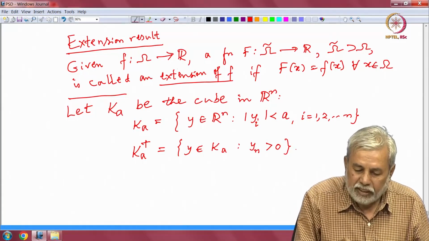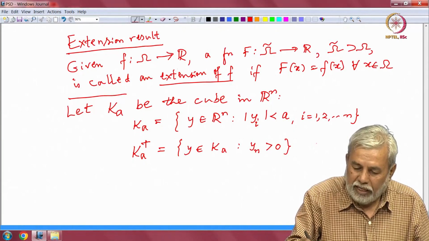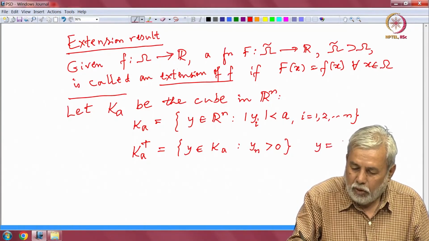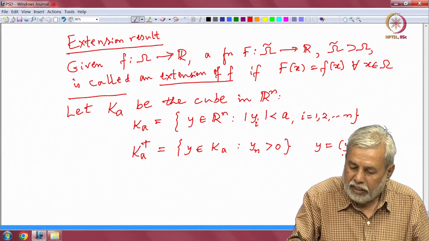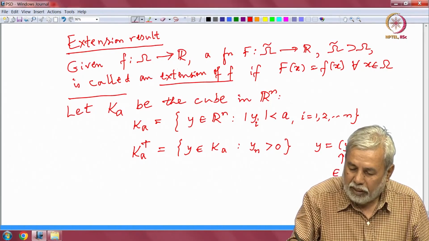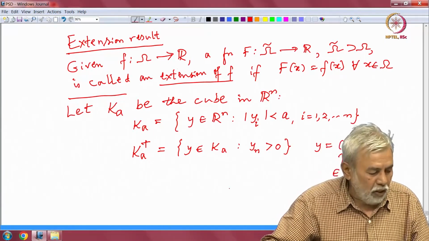I am just, for ease of writing, taking y_n, and we write y as (y', y_n), where y' is in R^(n-1). These are standard notations.